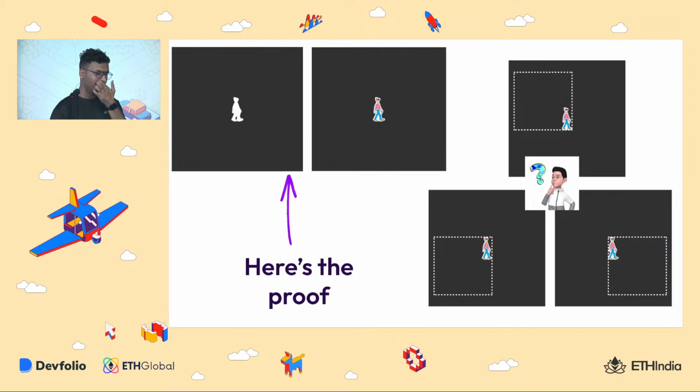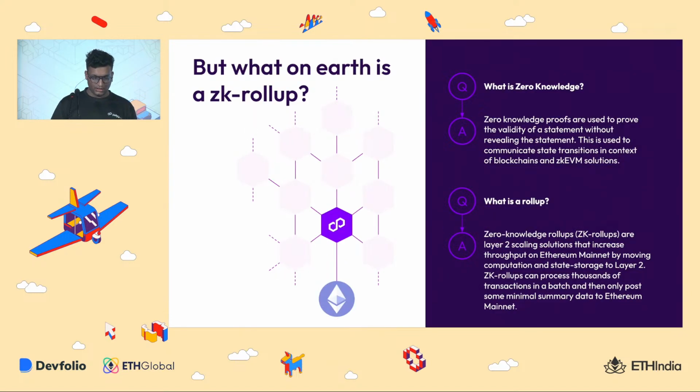In real life, ZK works with complex maths and cryptography to prove the validity of a statement without actually revealing that statement. So we have talked about zero knowledge, but what exactly is a rollup? Zero knowledge rollups are layer 2 scaling solutions that increase the throughput, basically they scale Ethereum by increasing the throughput and reducing the transaction cost.